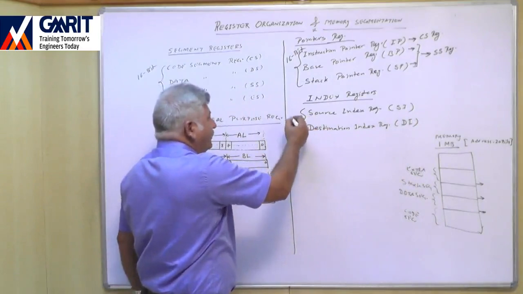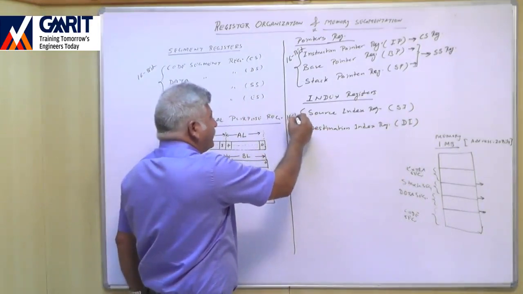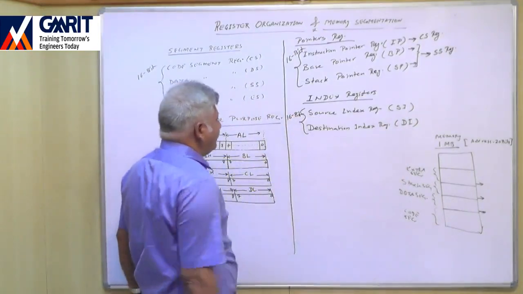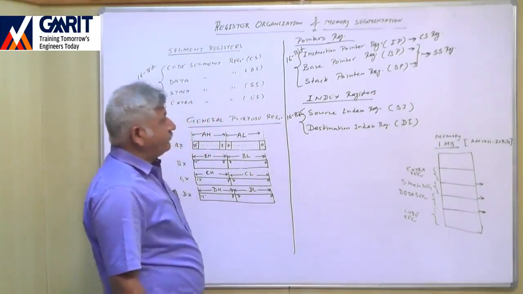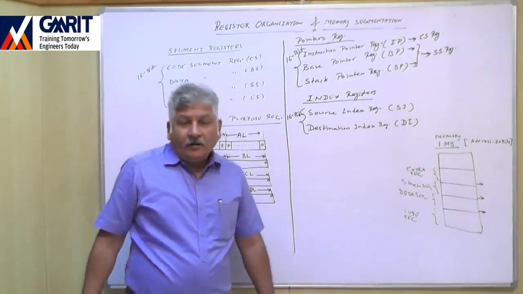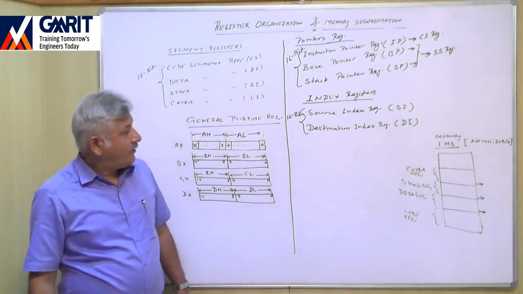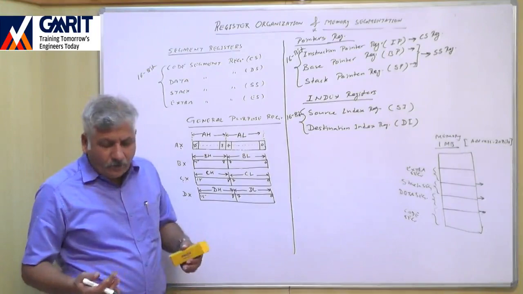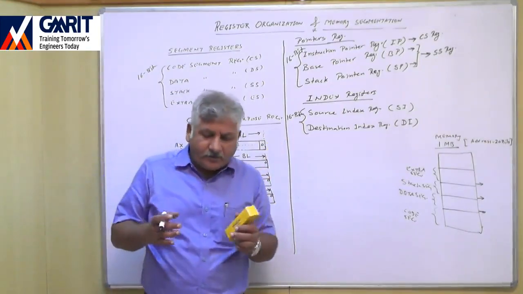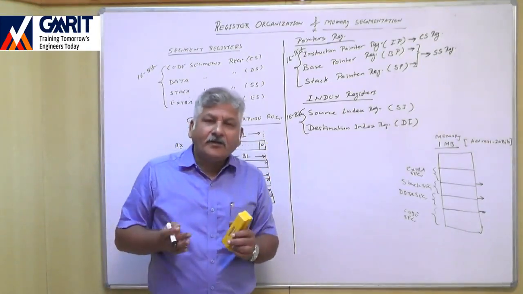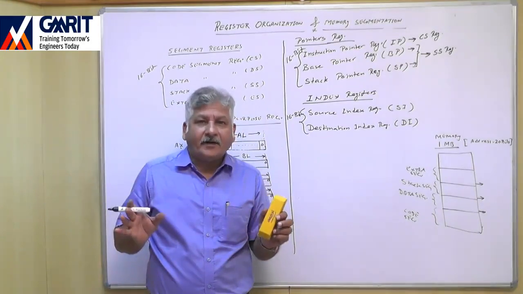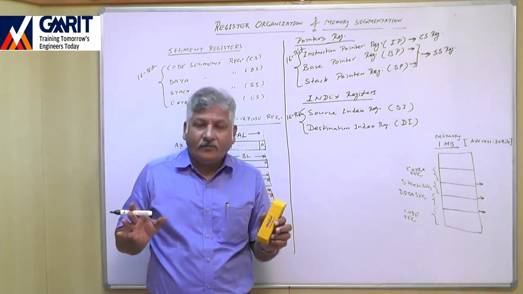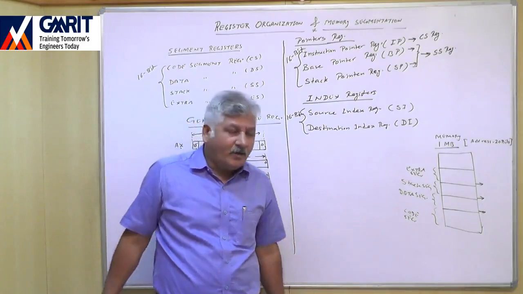Again, these are 16-bit registers. These 16-bit registers are basically used for the calculation of the 20-bit physical address.